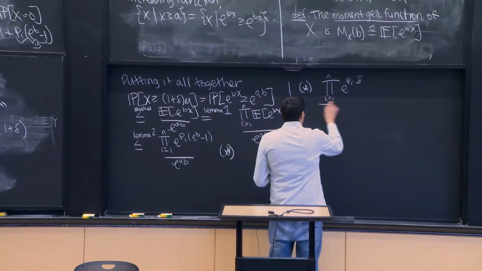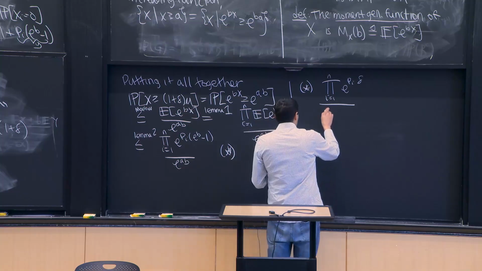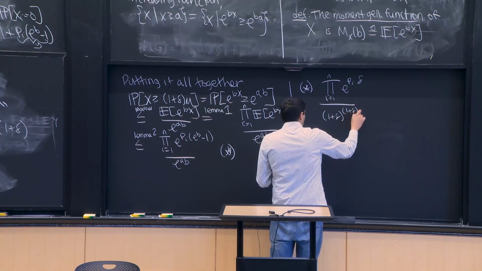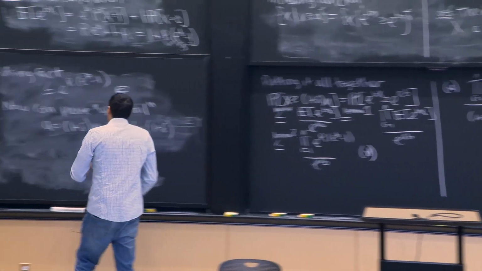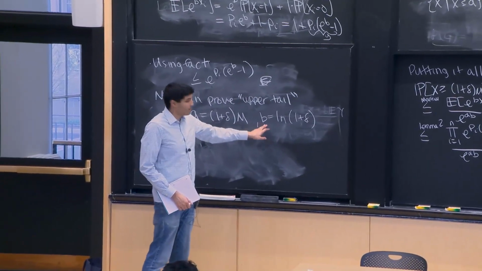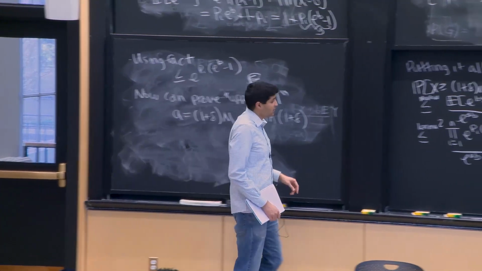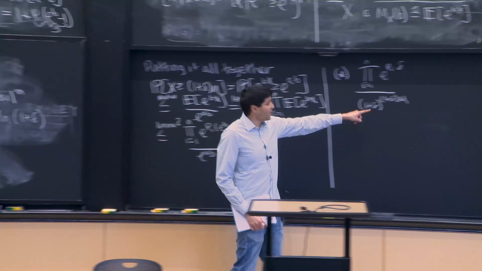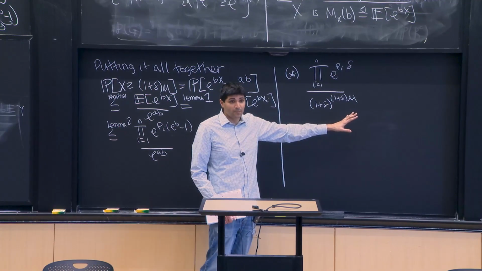And then my denominator, well, that's e to the ab. So I claim it's equal to 1 plus delta to the 1 plus delta times mu, right? Because again, when I have e to the ab, I can take the b downstairs and I'll get 1 plus delta instead of my e. And that'll be raised to the a-th power, which is exactly this 1 plus delta times mu.